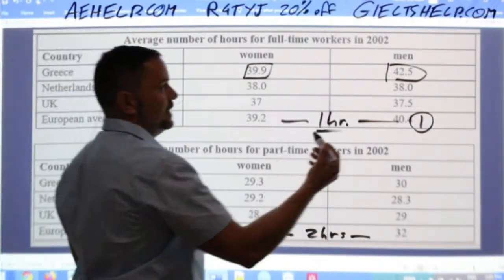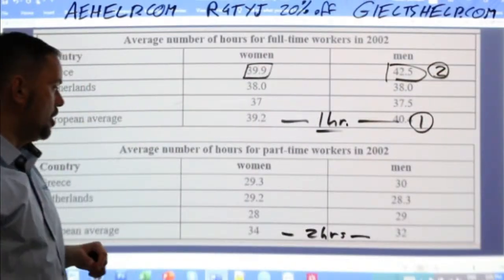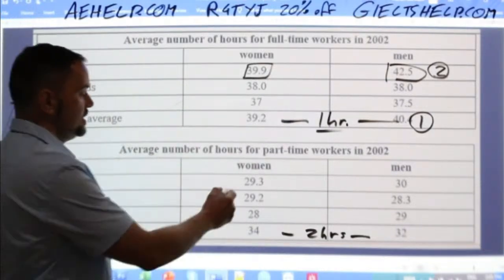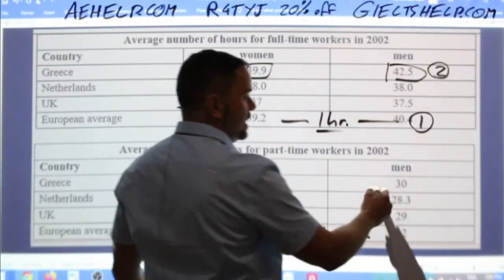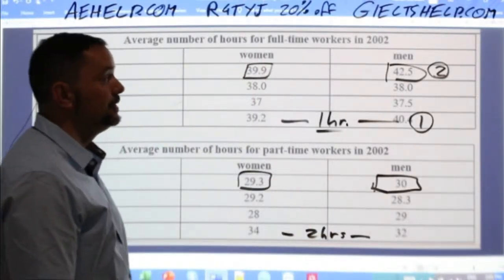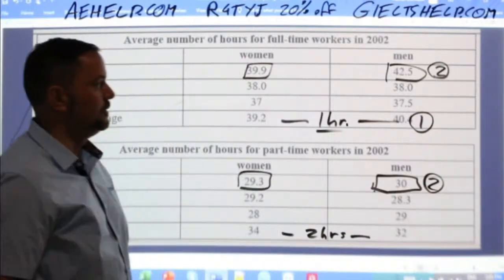And definitely this is number 1 here, so you would take that. And then for part-time, we have the same, right? So Greece is the highest for both men and women for both part and full-time in this given year. So that's still part of number 2, if you will.